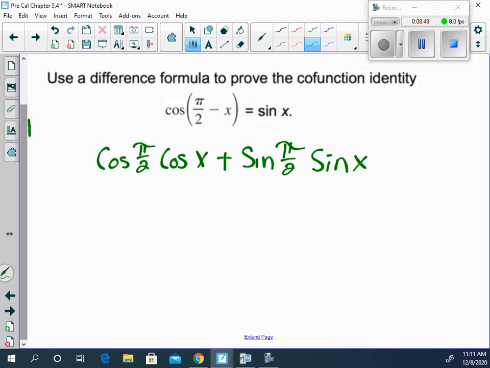So for alpha and beta, alpha would be pi over 2, beta would be x, and we just plug in for alpha and beta. Now, cosine of pi over 2 is going to be what? Pi over 2 is straight up, so sine is 1.